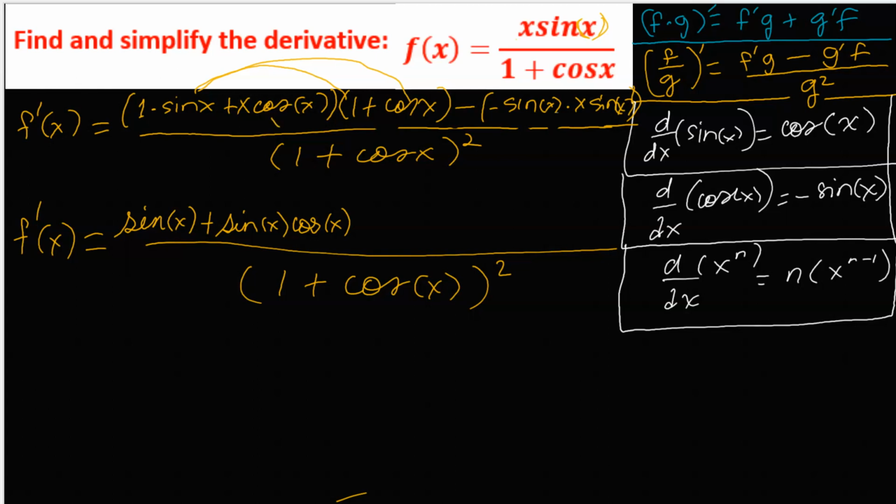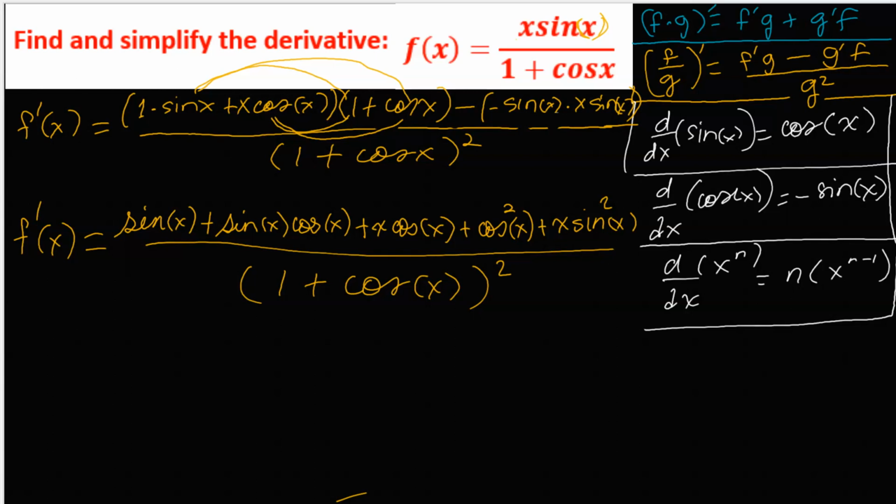Second, we're going to distribute this. So that would be plus x cosine of x, plus cosine squared of x, minus times minus is going to be a plus, and this would be sine of x times sine of x, which is sine squared of x, and then we have x sine squared of x.